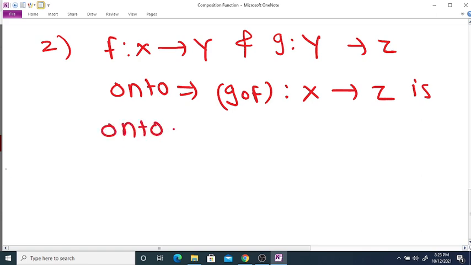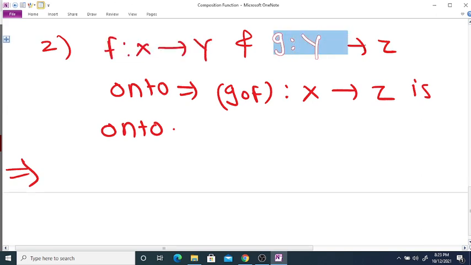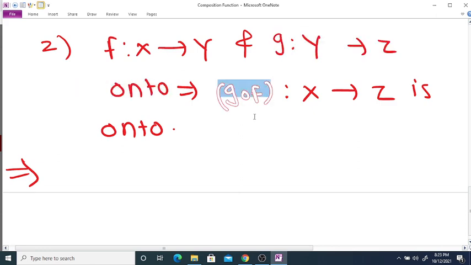So we want to prove here, given f is a function from X to Y and g is a function from Y to Z, both onto functions, that the composition function g of f is also an onto function.